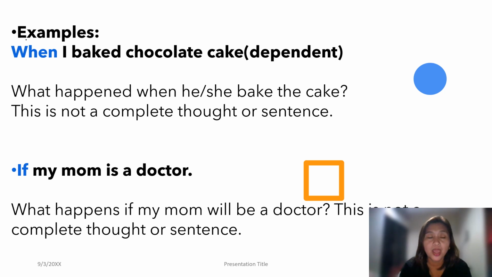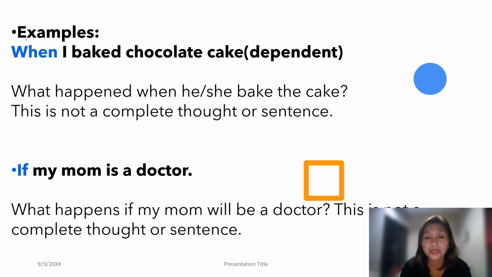Examples. When I bake chocolate cake, that is a dependent clause. But if I take out the conjunction when, I bake chocolate cake, it becomes an independent clause.